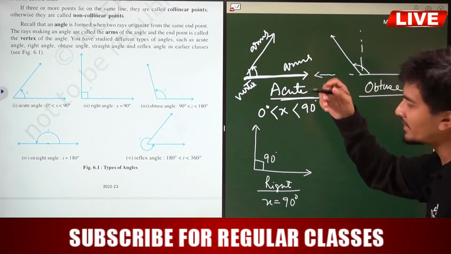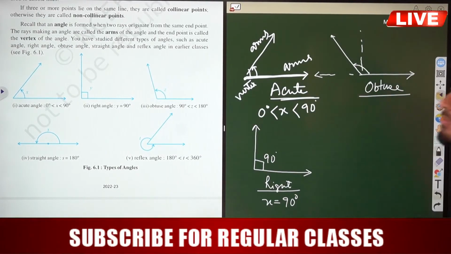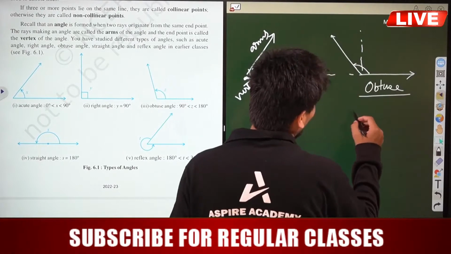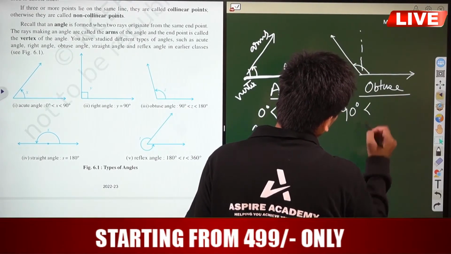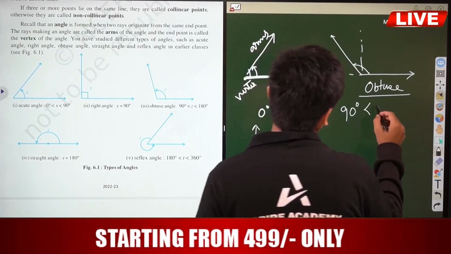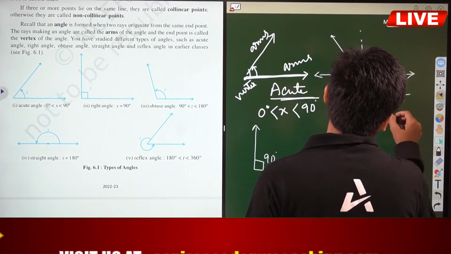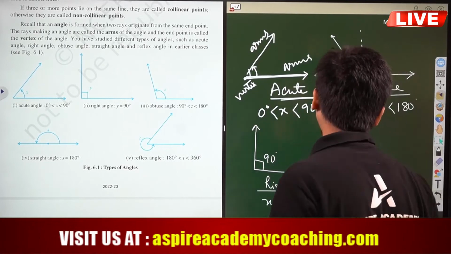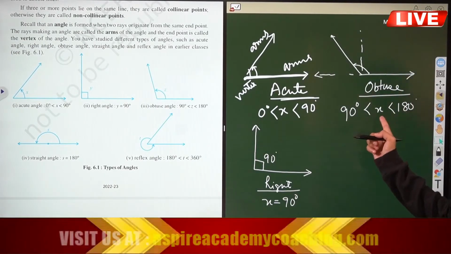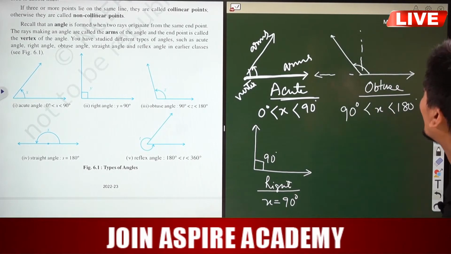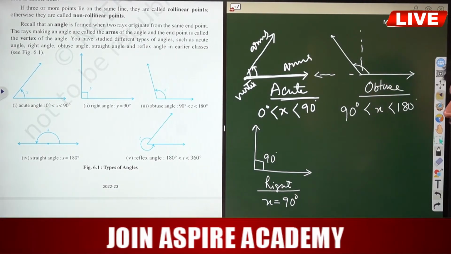If I make it a straight line, then definitely it will make 180 degrees, right? So therefore an obtuse angle is greater than 90 degrees but less than 180 degrees. So we call it an obtuse angle.